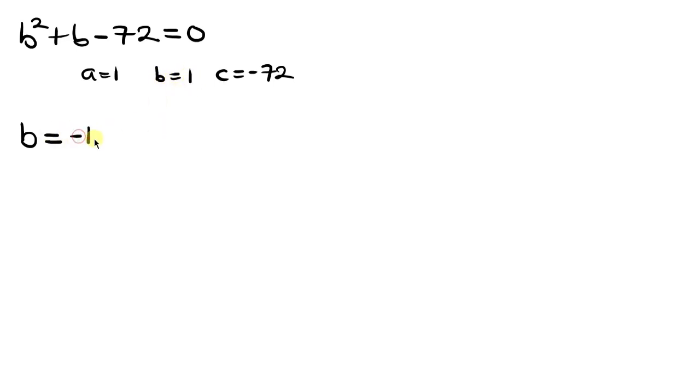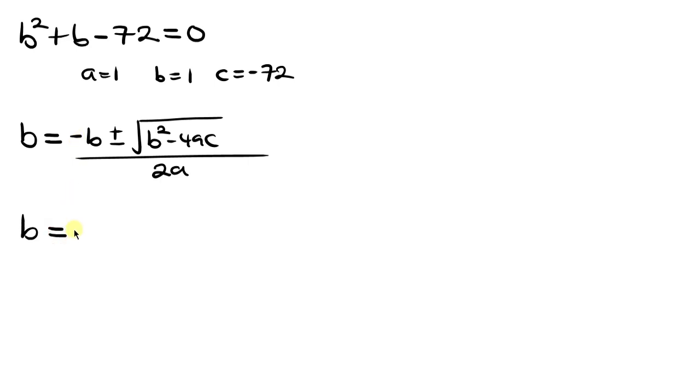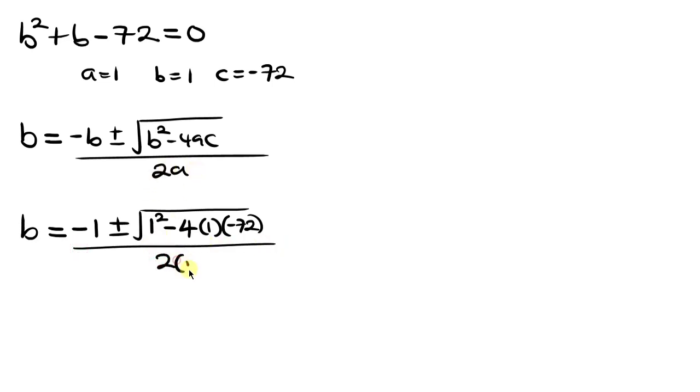So let's go: negative b plus or minus the square root of b squared minus 4ac all over 2a. So the value of b now becomes negative b. b from our equation is 1, plus or minus the square root of b squared, that's 1 squared, minus 4a. a is 1, c is negative 72, all over 2a, that's 2 times 1.